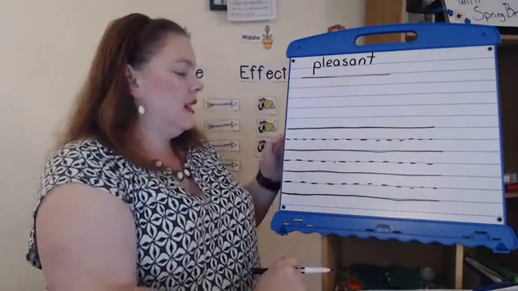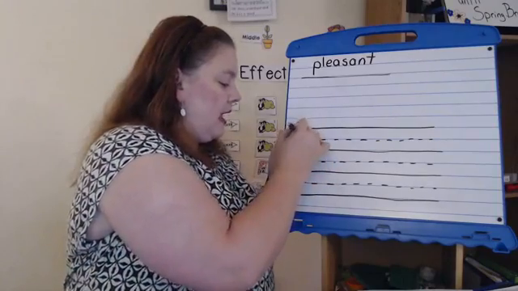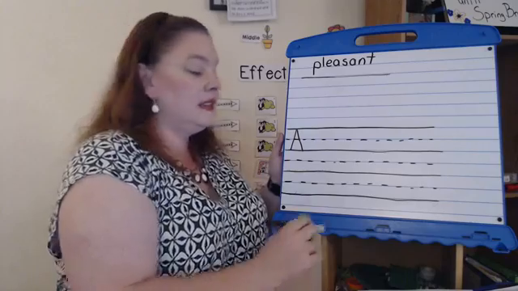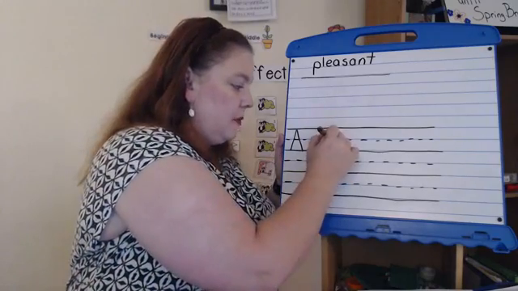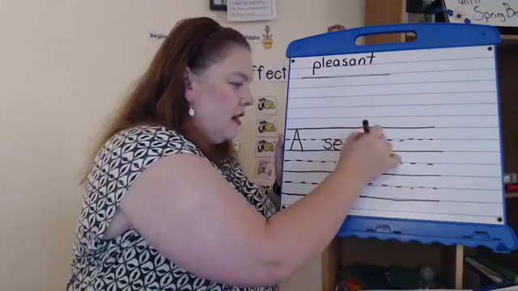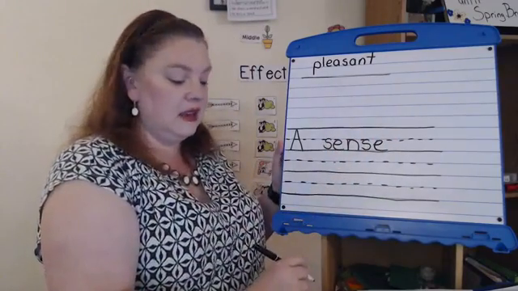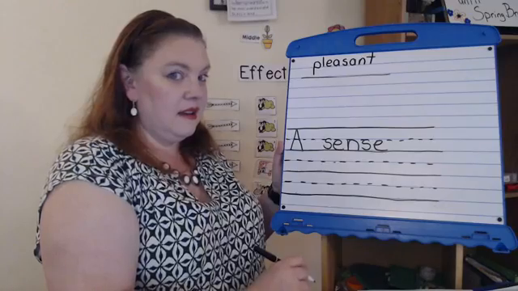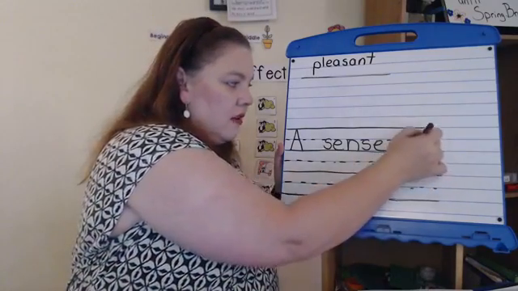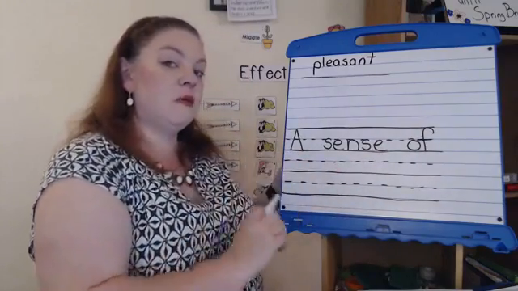So, pleasant. The definition of pleasant is A, so I'm going to make a capital A, sense, so I'm going to make a space, S-E-N-S-E, a sense of. Now, if you'll look, I'm showing you the tall letters and the short letters so that you can get a really good practice in.